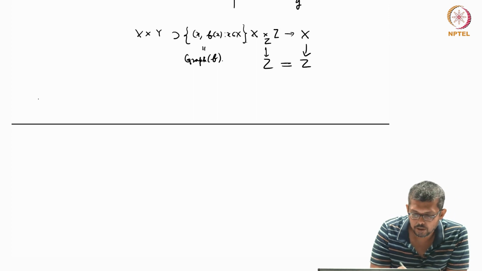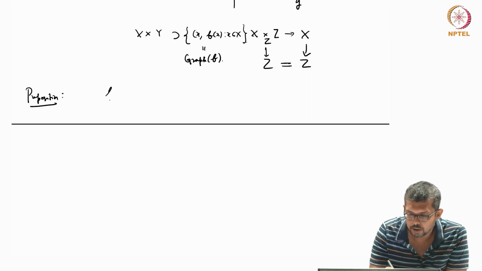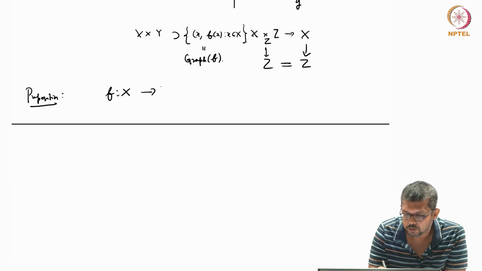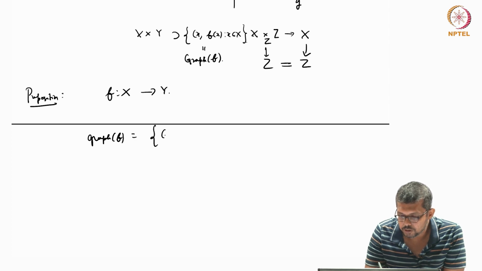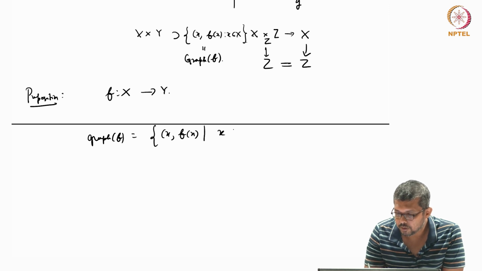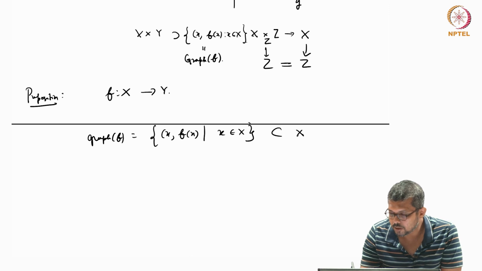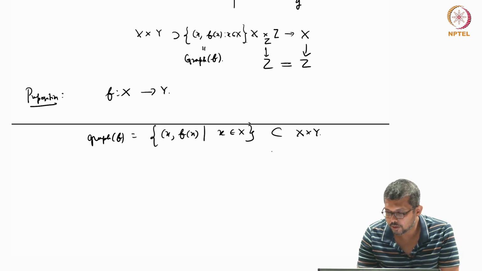So, proposition, first statement: suppose f is a morphism from X to Y, then the graph of f, which is the set of points (x, f(x)) with x belonging to X, is a closed immersion, a closed subset.